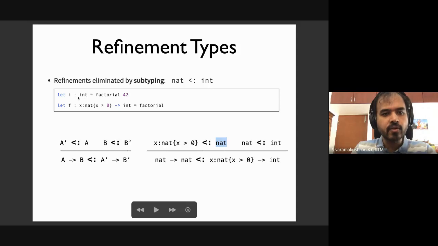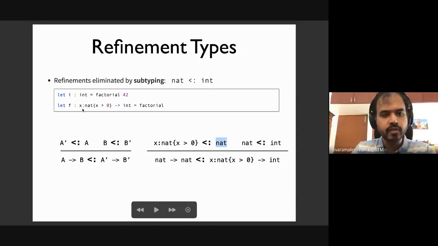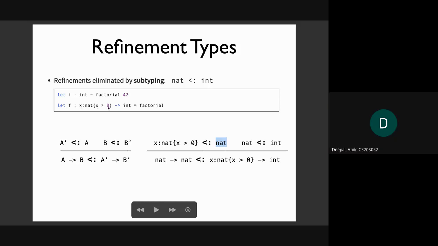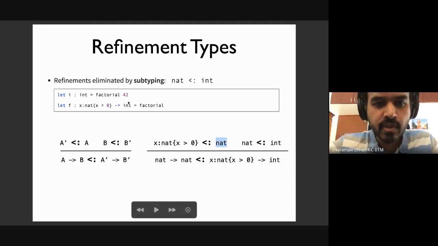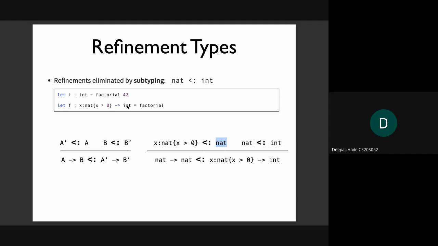Not in f, instead of this int here? Okay. So instead of integer, what do you want to say? If I use nat x greater than or equal to 1.